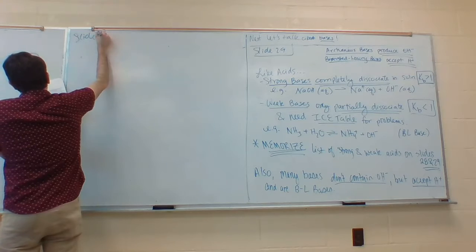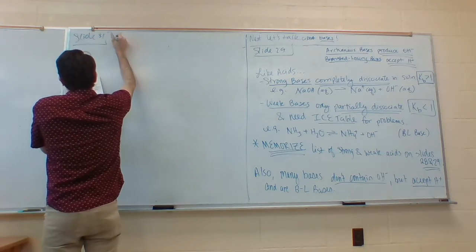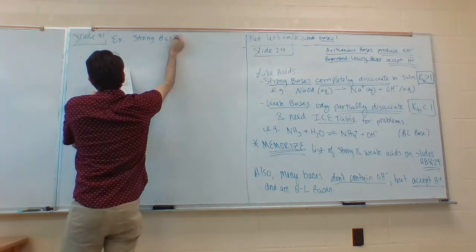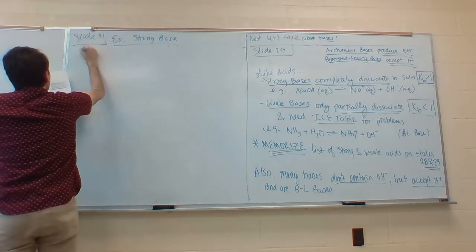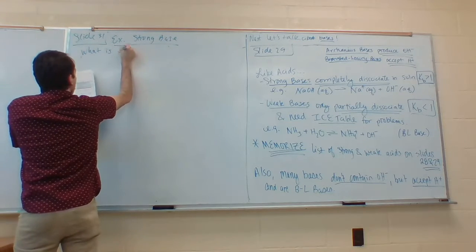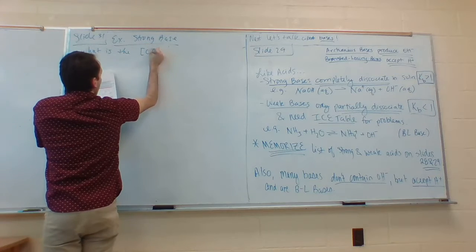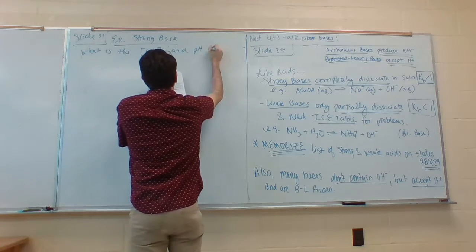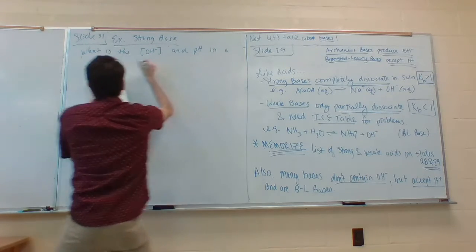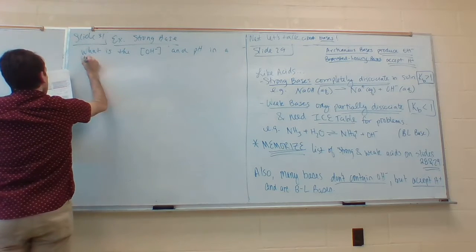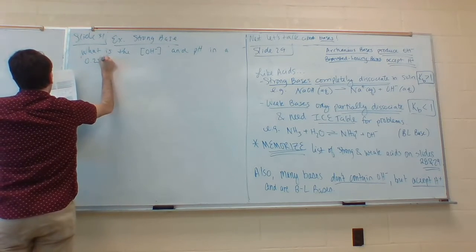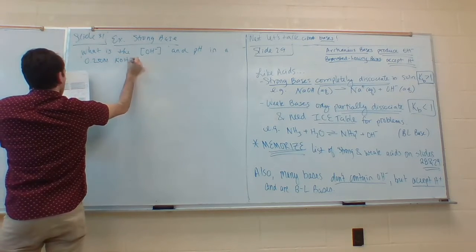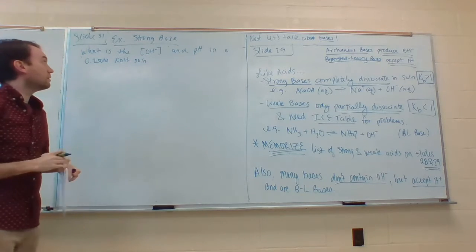So on slide 31, all right, we're going to do an example for a strong base, okay? And it says, what is the concentration of OH minus and the pH in a 0.25 molar KOH solution, okay?